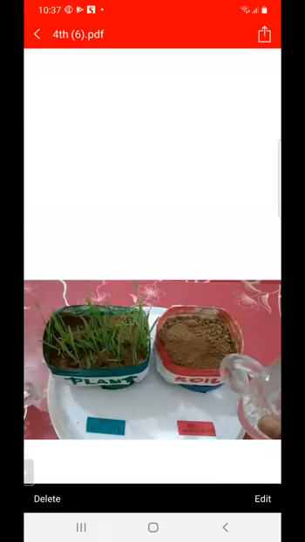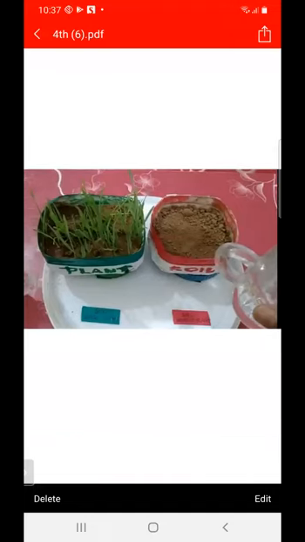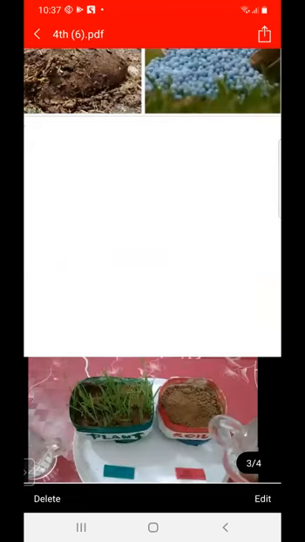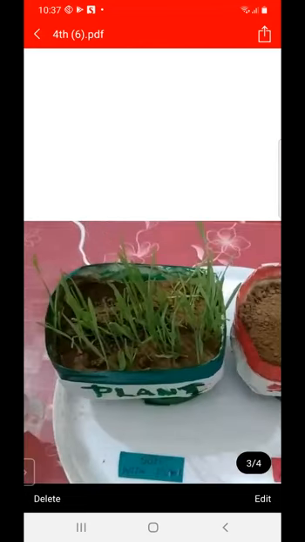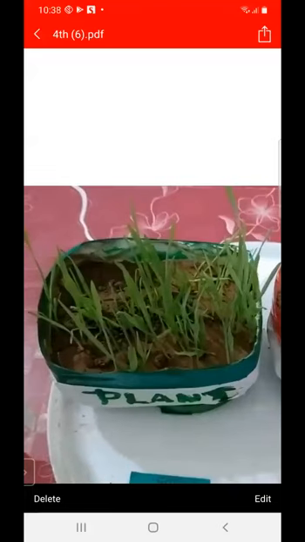So what is the conclusion? We conclude that in the first case, the soil will not be blown away because these plants hold the soil very tightly.